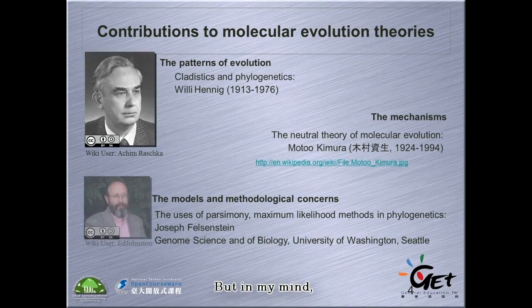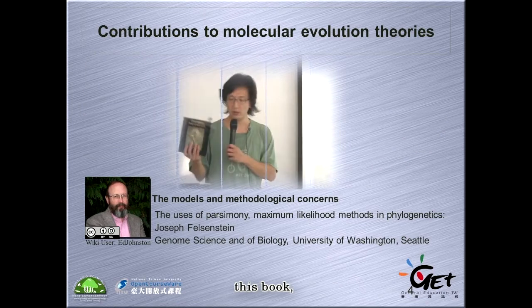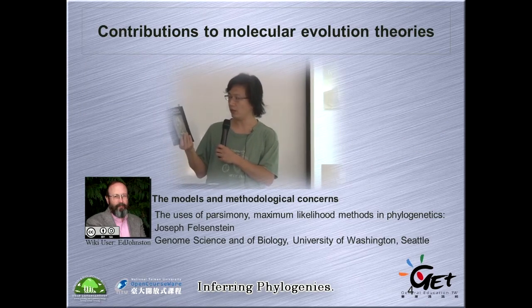But in my mind, Joe Felsenstein is the lead person who really combined the models and the methods and applied them to phylogenetic analysis. He is the one who really used the maximum likelihood methods for phylogenetic analysis. He is also the author of this book, Inferring Phylogenies.